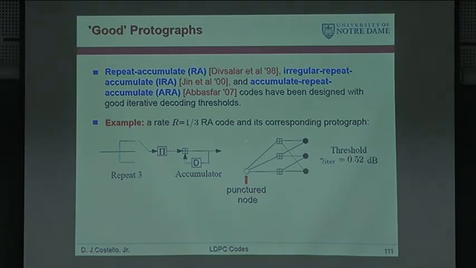But I mean, this is an encoder. You could make an encoding matrix for it, a G matrix, and then you could look at a corresponding H matrix and form a graph. And if you do that, you get a graph that looks like this.